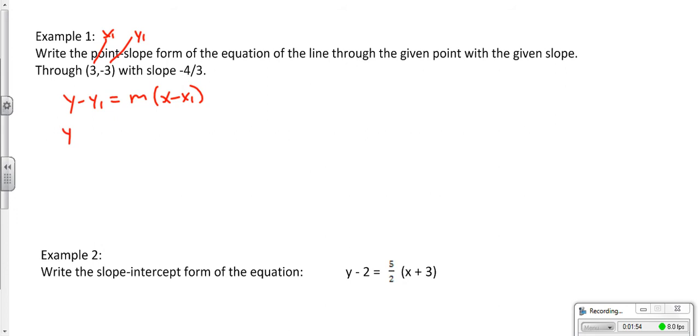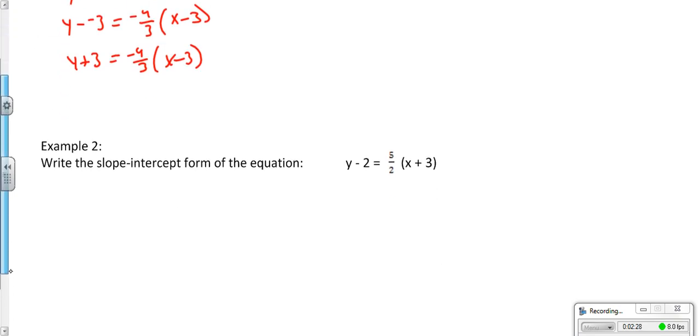So I want to go y minus y1, which is -3, equals the slope, -4/3, times x minus whatever the x1 was, which is 3. Now this would be good if I didn't have this minus negative, so officially you should write it like this. And this is considered point-slope form.